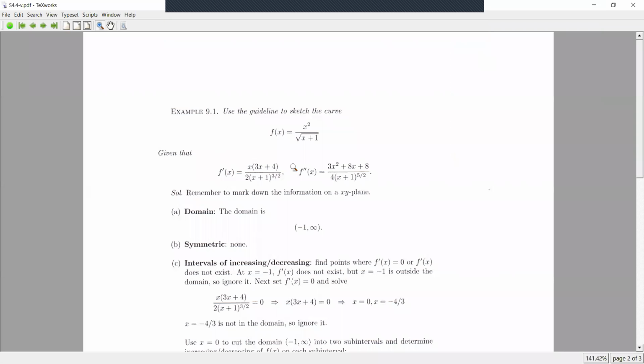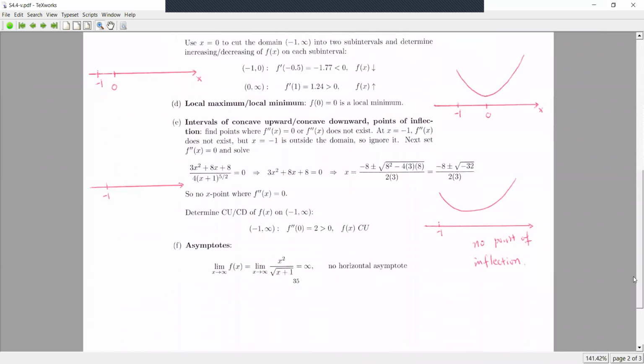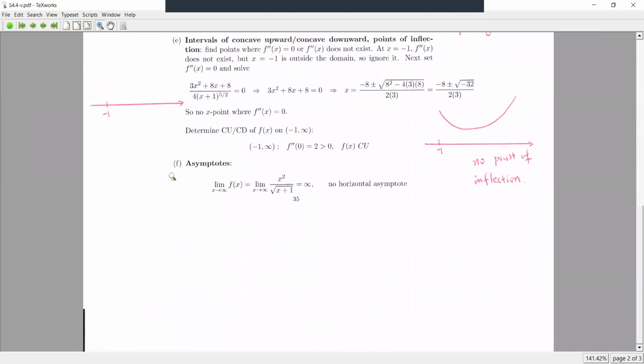Continue with this example. Step number 6: find horizontal asymptotes and vertical asymptotes. To find a horizontal asymptote, you need to compute a limit at infinity or a limit at negative infinity.